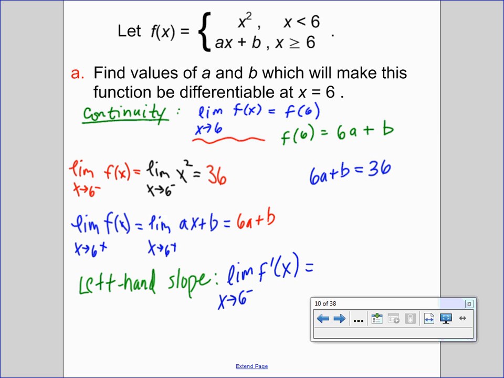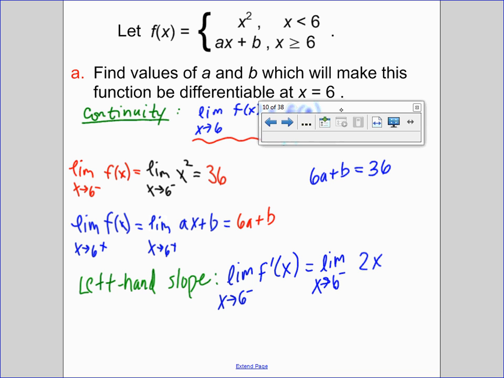So that would be the limit as x approaches 6 from the left of the derivative of x squared, that is 2x. Again, 6 is in the domain of my f prime function equation 2x. So it looks like the slope as x approaches 6 from the left-hand side is given by 12. You guys getting 12? Awesome. Let's do the right-hand slope.